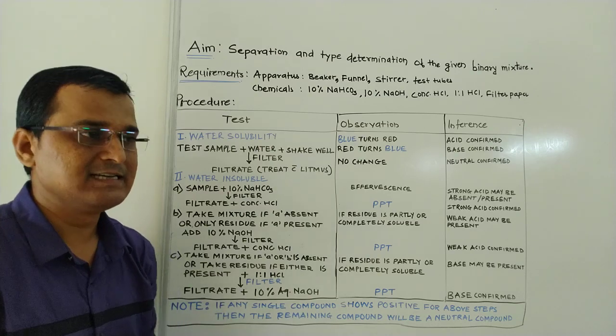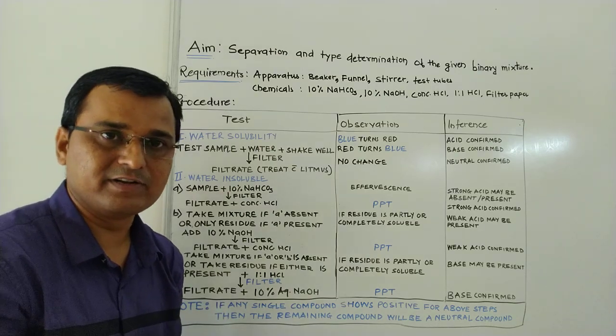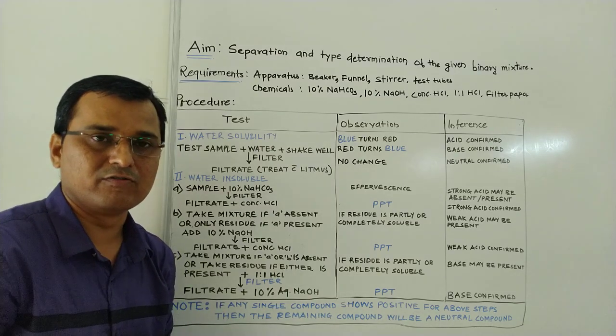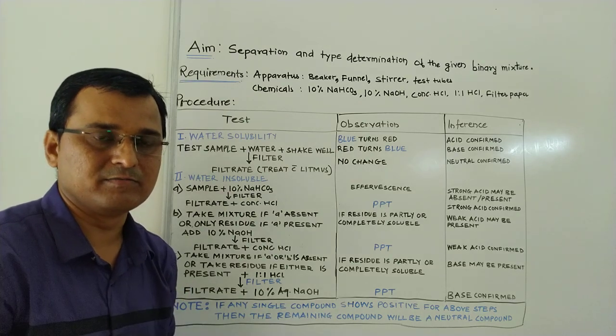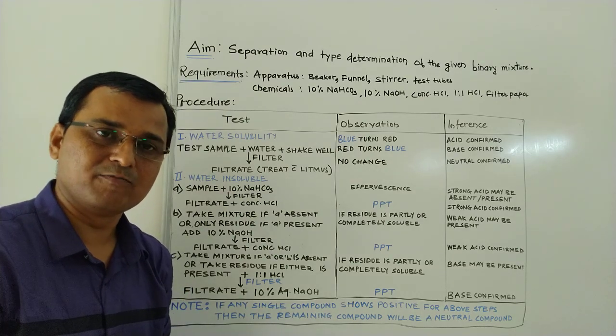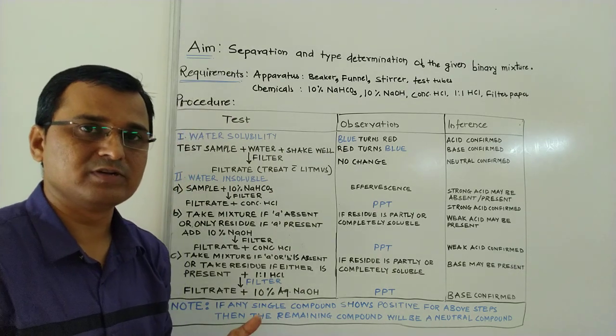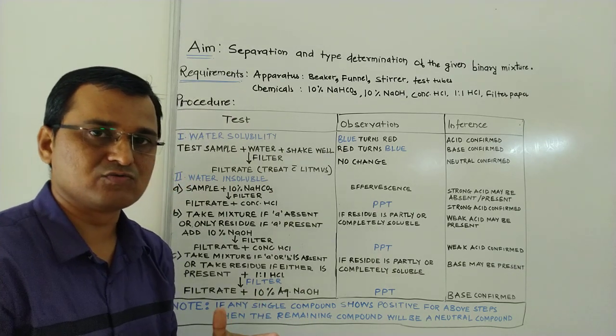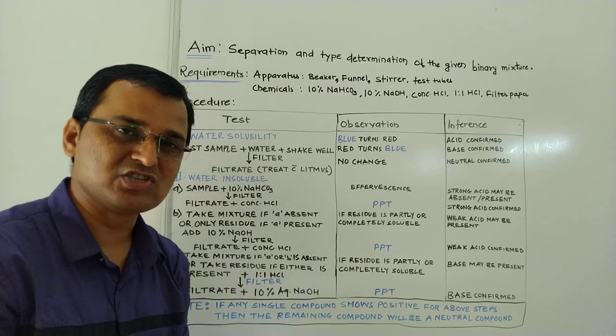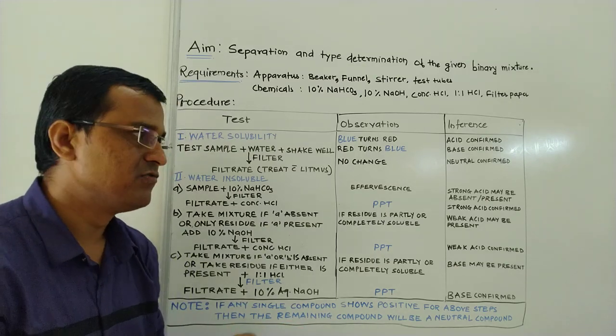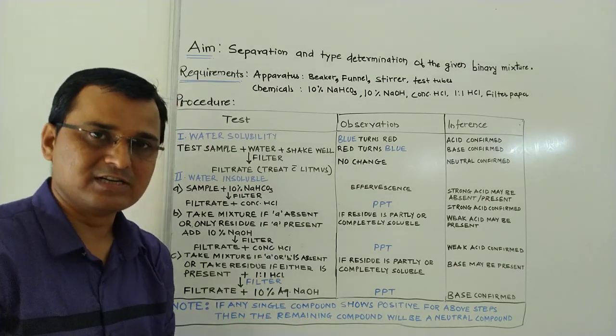In that case, it is very difficult to separate such a mixture of liquids with the help of simple distillation. Liquids in a mixture with close boiling points will go with fractional distillation.